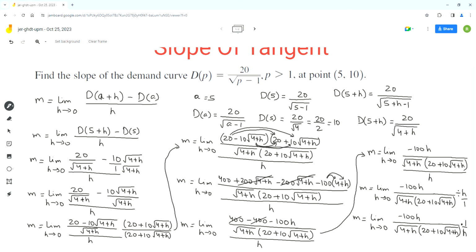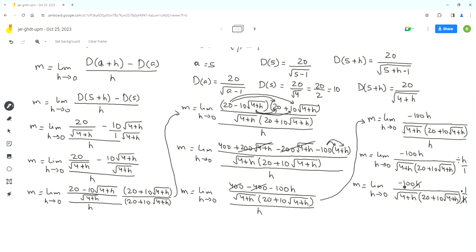So the h with the 100 and the h in the denominator cancel each other out. So now we are left with m equals limit h approaches 0. So negative 100 over square root of 4 plus h times 20 plus 10 square root of 4 plus h.